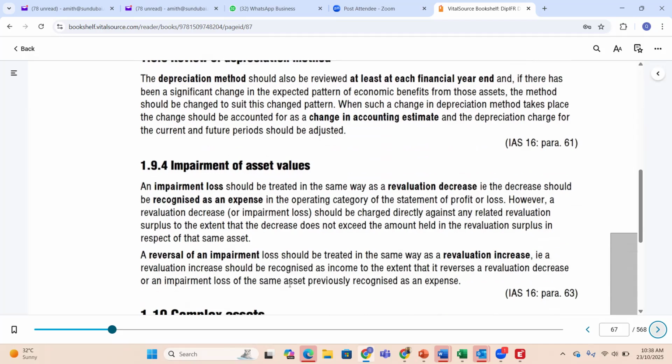So previously we saw a revaluation loss, and if there is a subsequent increase, we first credit it to income, and the remaining goes into revaluation surplus. Same logic applies if there is an impairment loss. It need not be only for a revaluation decrease, but for an impairment loss also, because at the end of the day, both are the same. Fair value.